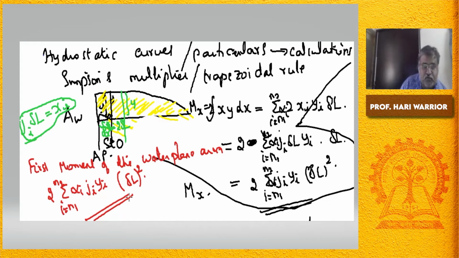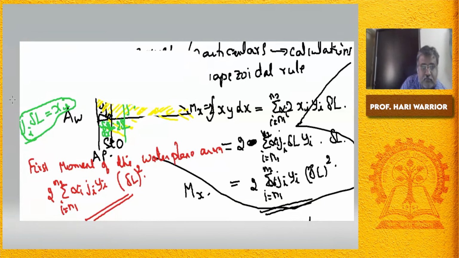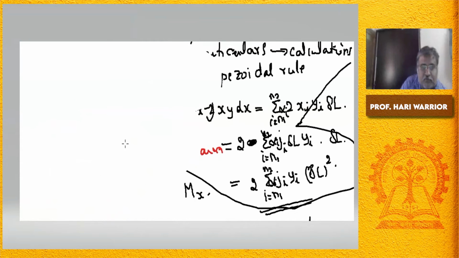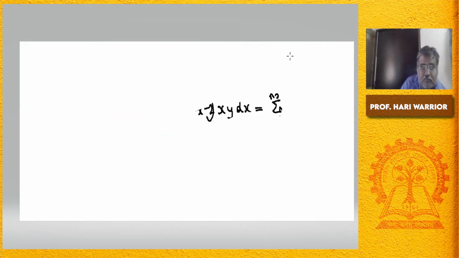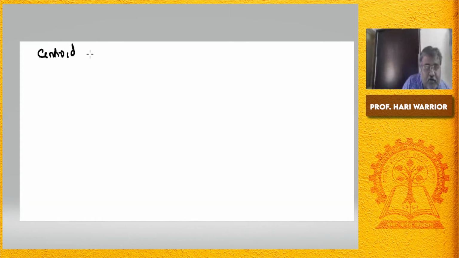So when you divide these two, you will end up with the centroid of the water plane area.